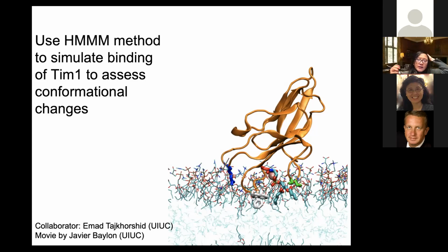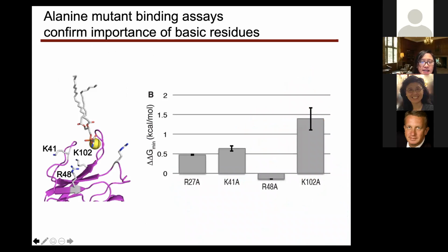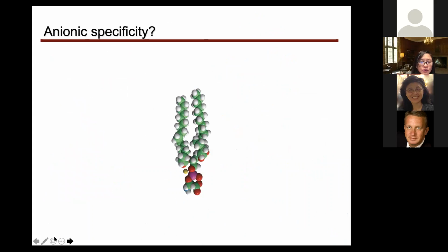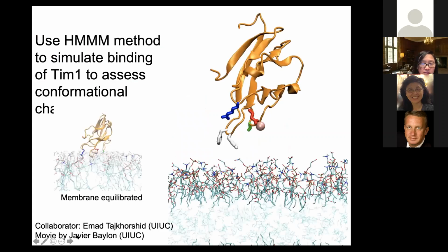So in collaboration with the Tajkhorshid group, we have used HMMM, the highly mobile membrane mimetic method, to really simulate the behavior of the protein as it is seeking the surface. So I'm just going to rerun this one more time.